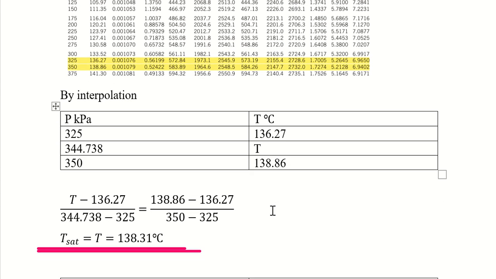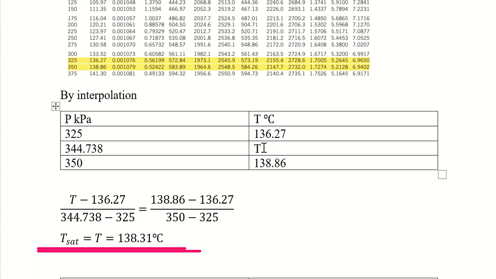Interpolation works like this: you get the required value, and you subtract from it this lower value here. You subtract it from the value you need. The theory is this temperature that you don't know about.